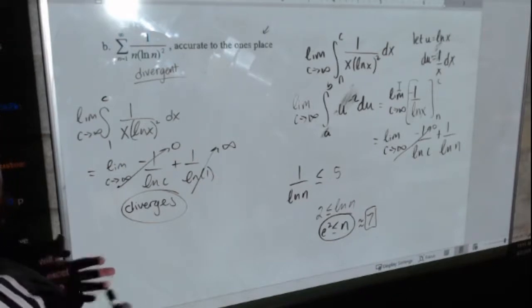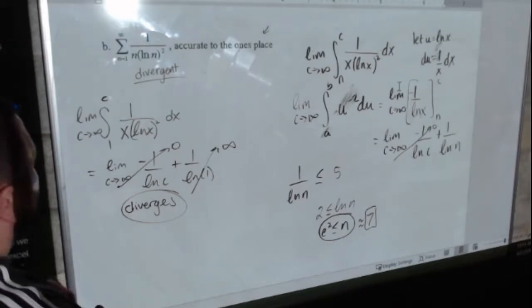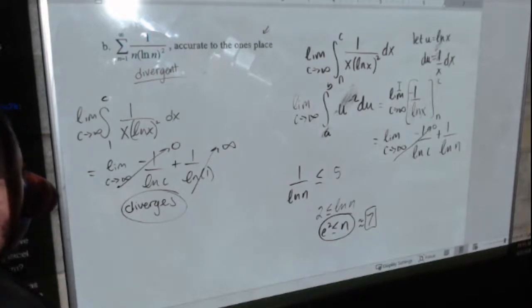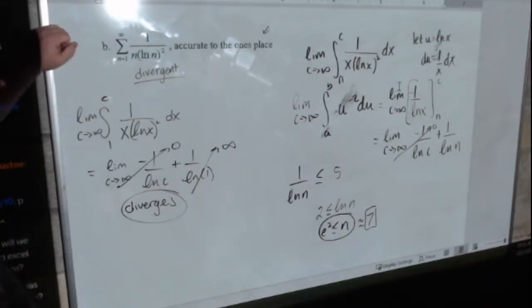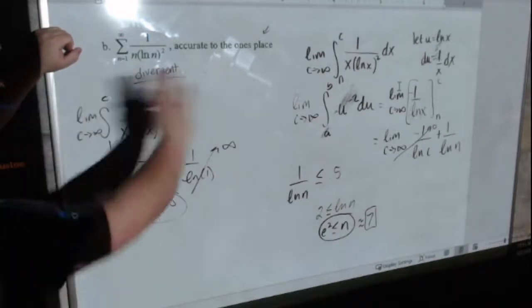It's also not telescoping or geometric. So my really only option would be either test for divergence, but that doesn't help because I'm trying to show that it converges, or the integral test. So I did the integral test here, and it tells me that it diverges, which tells me that's no good.